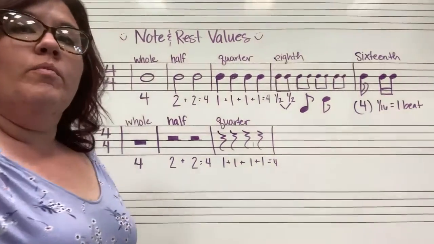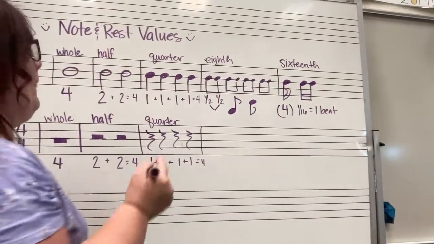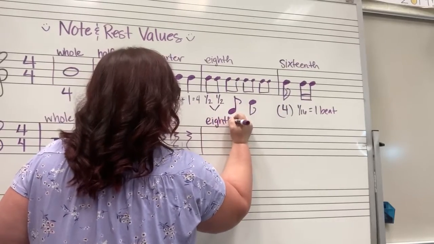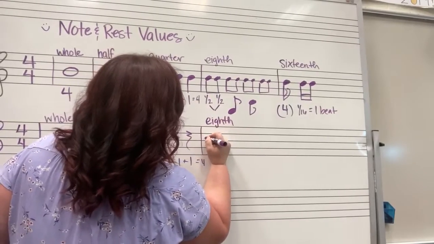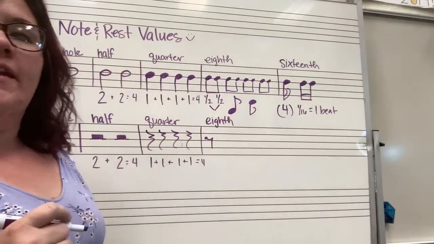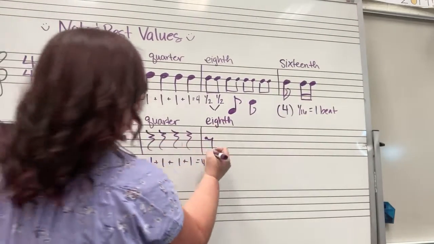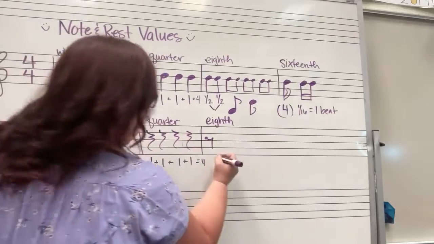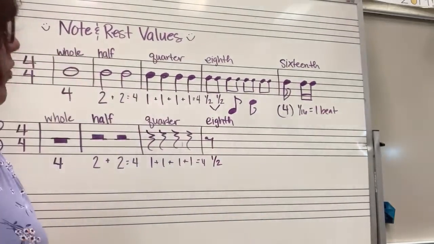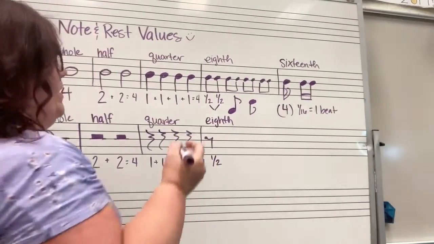All right, moving along, we get into 8th rests. And those are cute. They look like that. It's like a 7 with a little dot on the end. 8 of those equals 1 whole. These are half of a beat. There will be the equivalent of 8 of them in a measure.